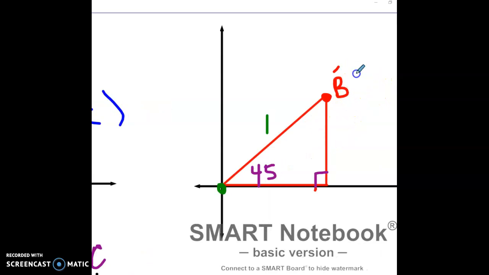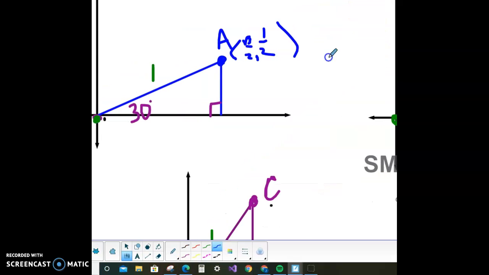For B, let me slide that over here. For B, that point right there would be the square root of 2 over 2, because that was the coordinates on the 45, 45, and square root of 2 over 2, because the legs were the same length. And I'm going to scoot this down here.